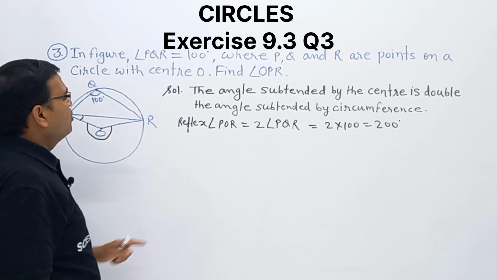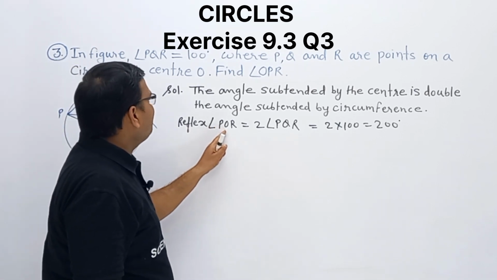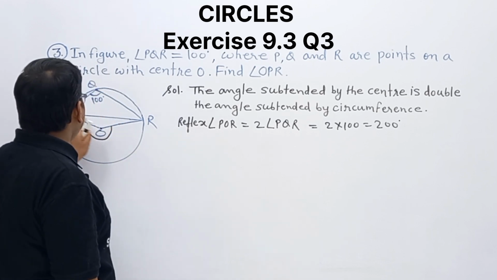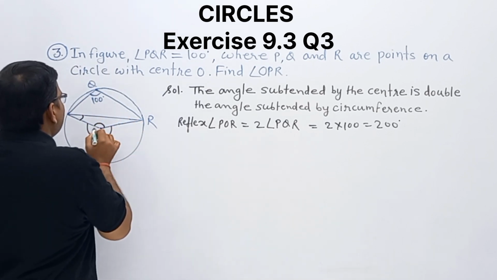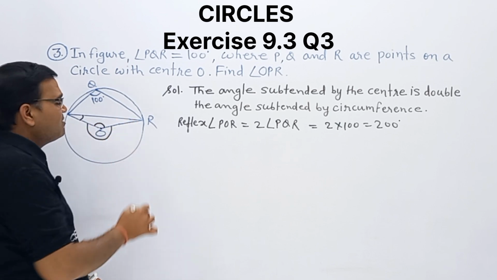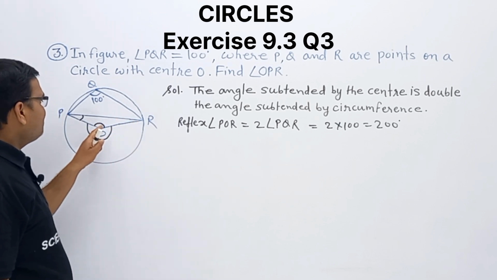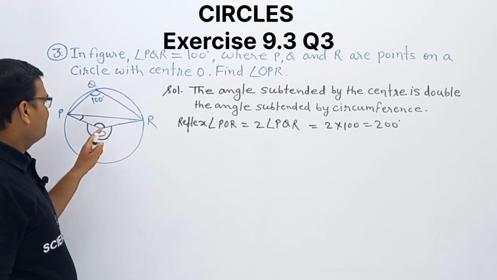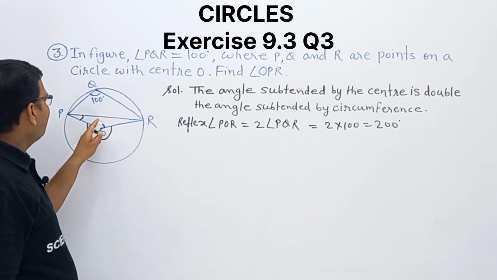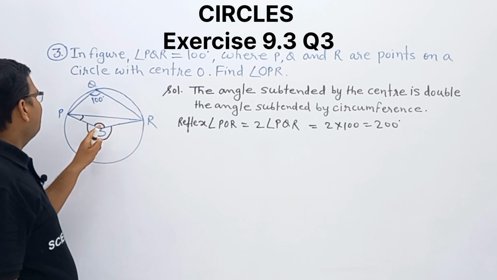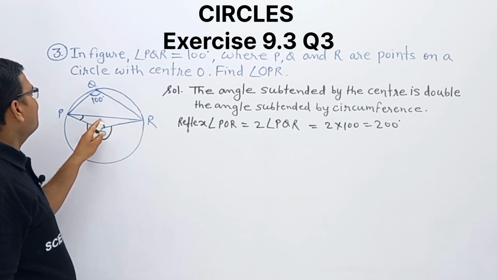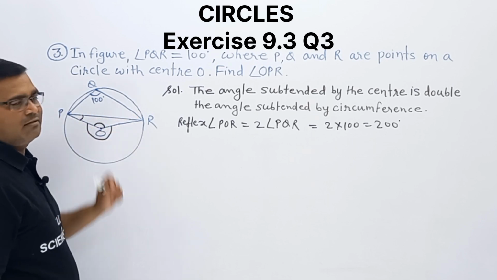Clear? So reflex of angle POR. POR is this one, but its reflex is this one. Reflex means 360 minus this one. How will we find the reflex of POR? Reflex of POR is 360 minus angle POR.